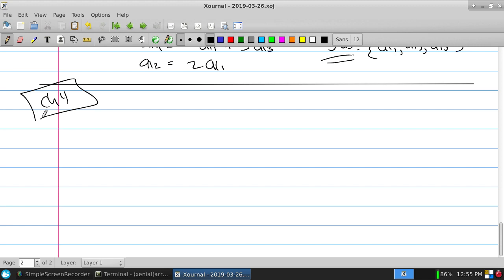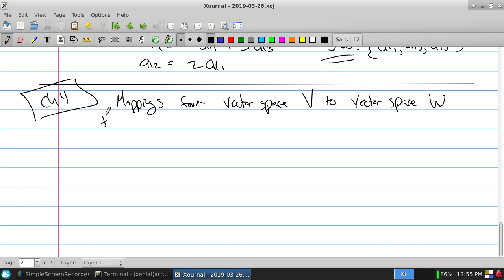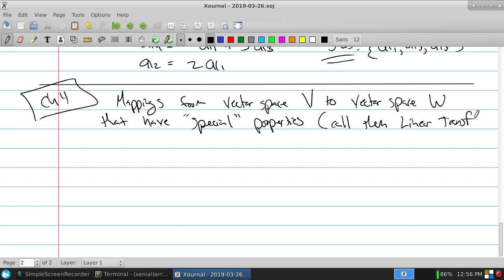What we're going to look for are transformations or mappings that meet certain properties.